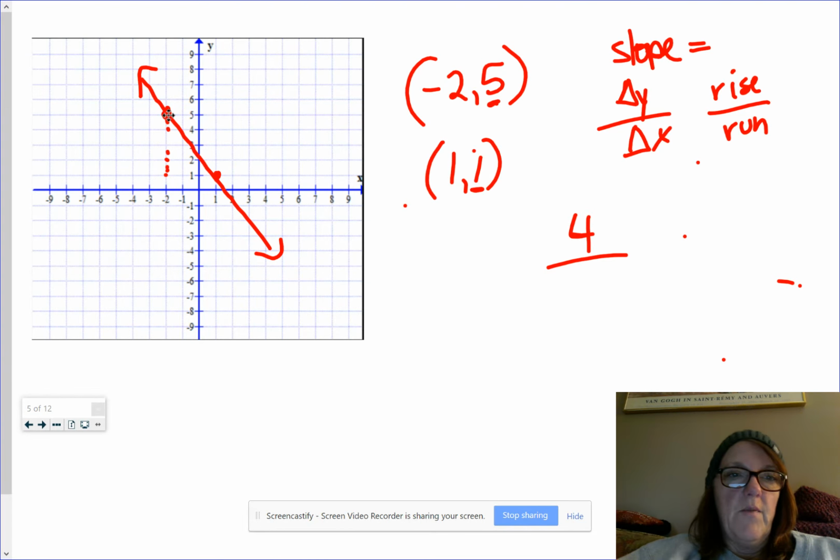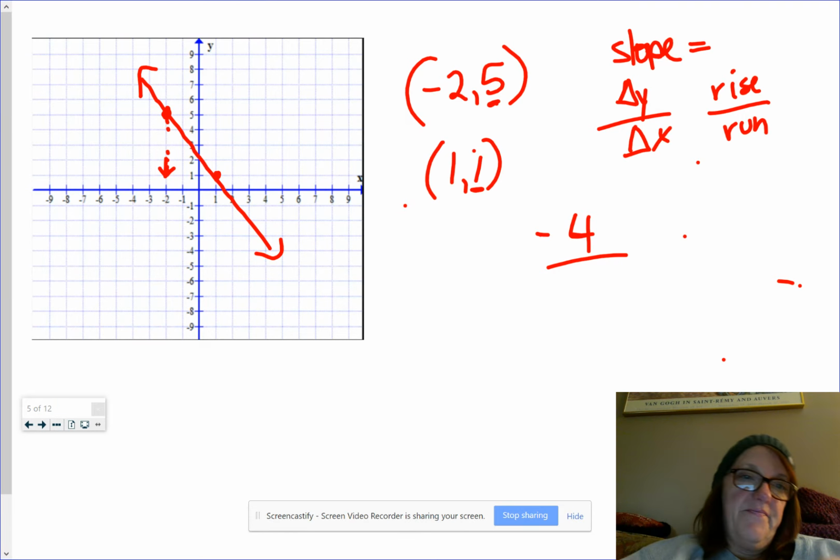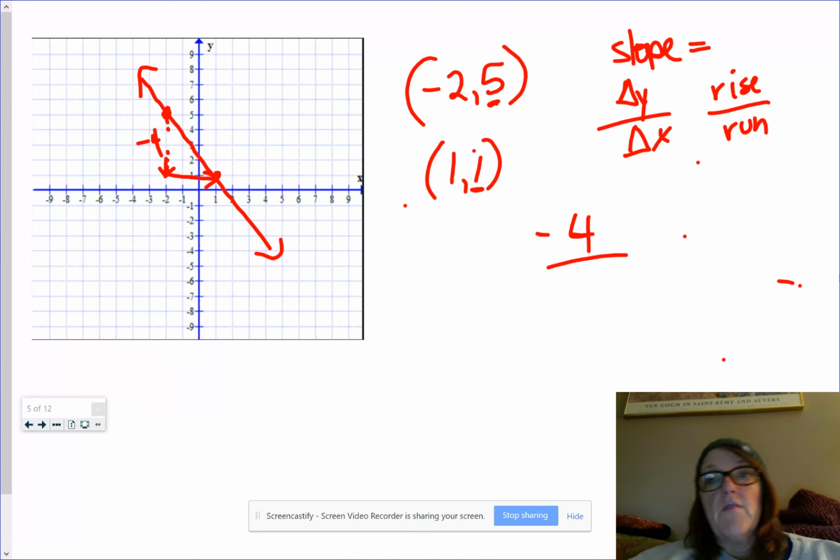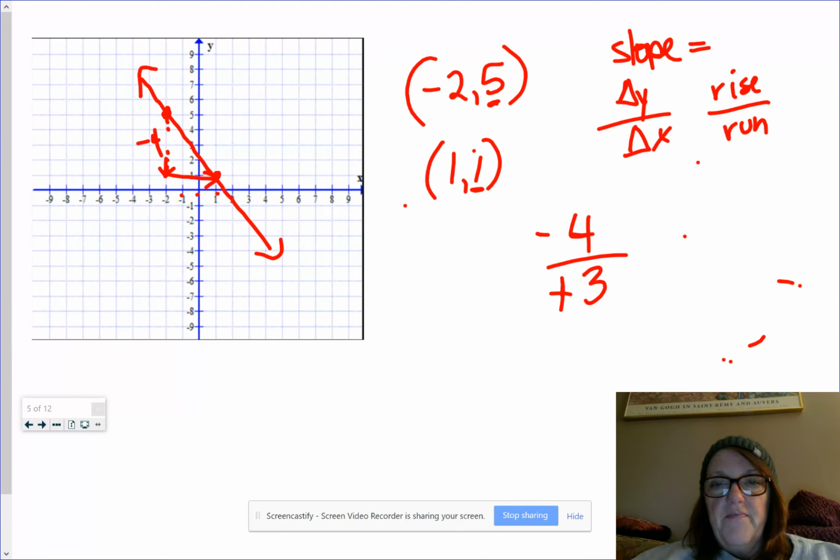But it went downward, which means I have to write that as -4. Now my run is traveling to the right. That's positive. And count your spots. 1, 2, 3. I'd say that my value of my slope is -4/3.